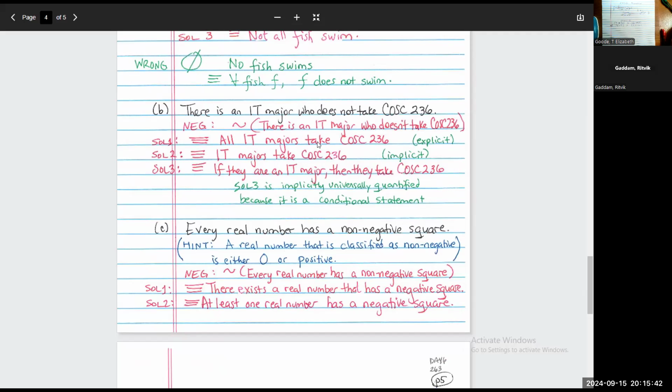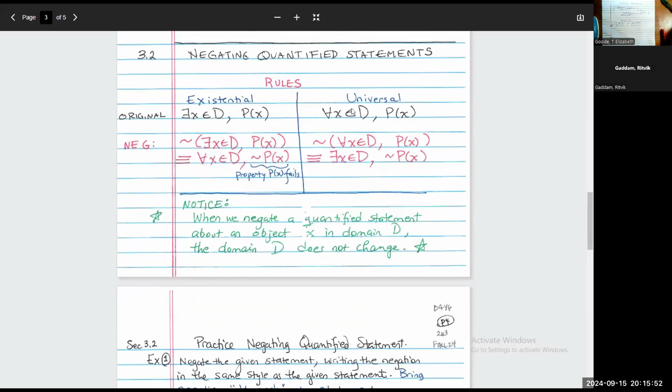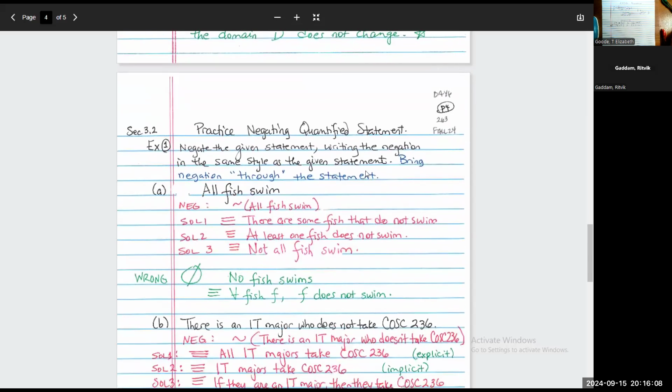When we negate that, the IT major does take COSC 236. So not only do we negate the predicate, changing the property of X to not P of X, we flip the quantifier from there exists to for all. And we flip the quantifier from for all to there exists.